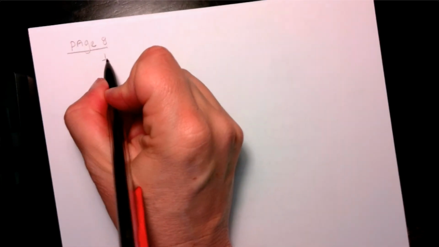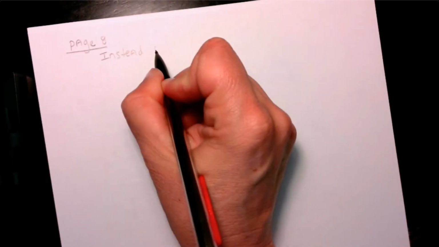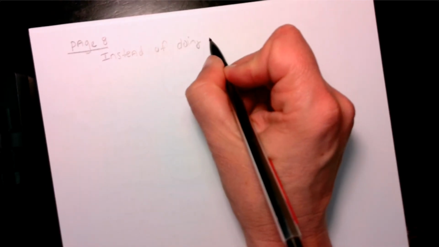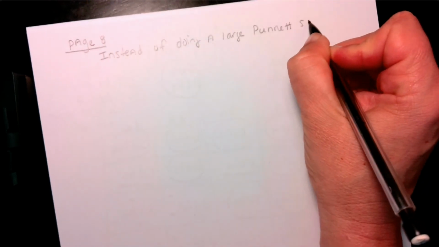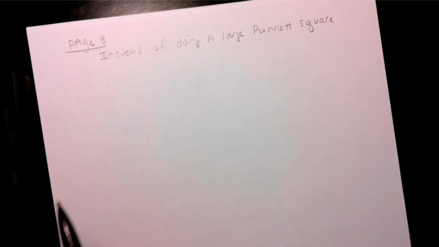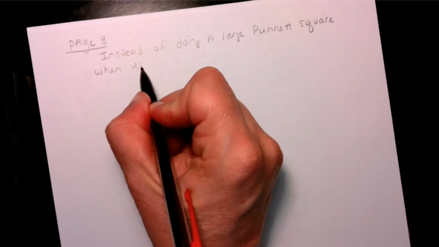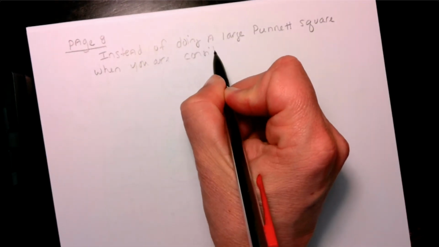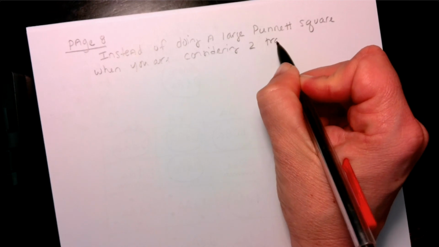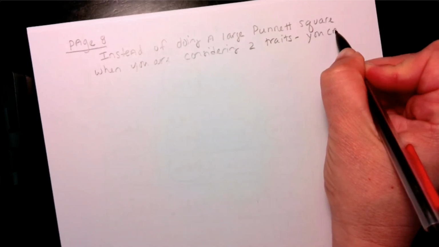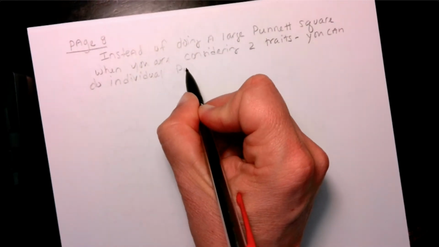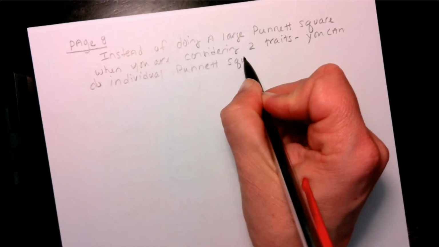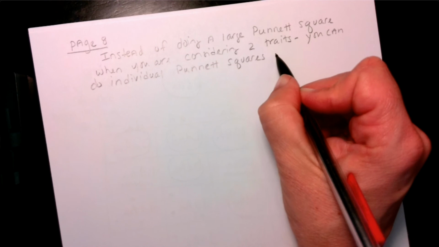All right. Instead of doing a large Punnett square, when you are considering two traits, you can do two individual Punnett squares and combine.